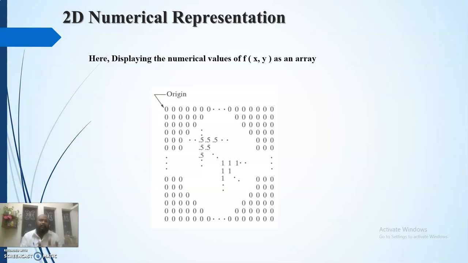So instead of picture elements, pixels, here the picture element value will be represented. So this is the third way of representation.